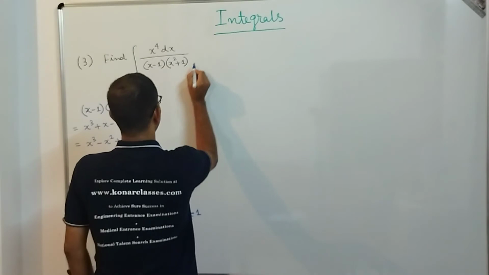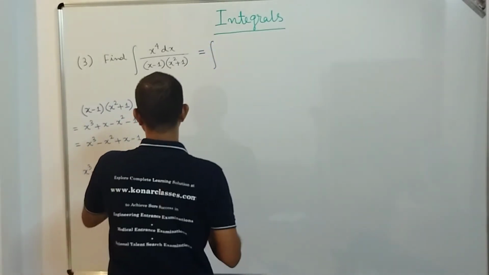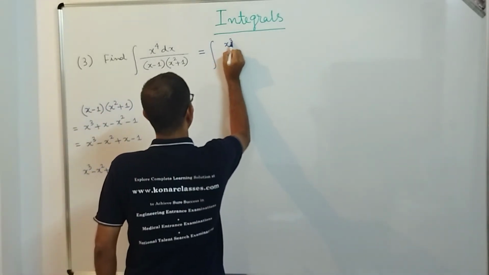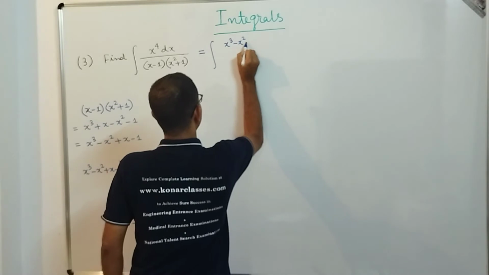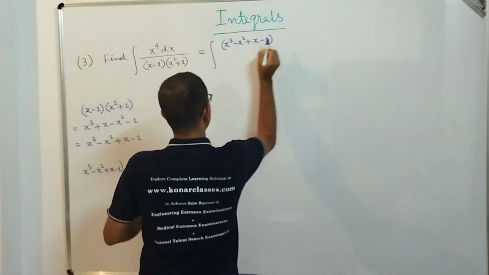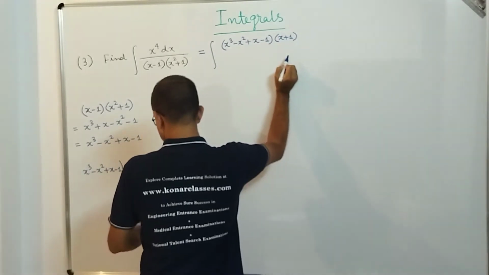So what we can write from here? This is equal to integration of x to the power 4 is equal to x to the power 3 minus x square plus x minus 1 into x plus 1, correct, plus 1.